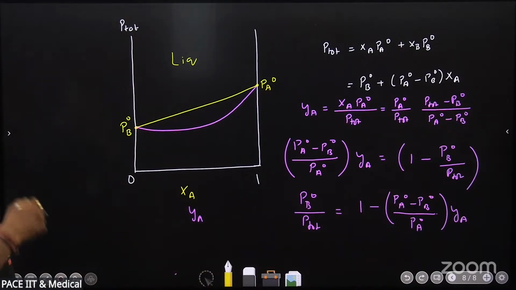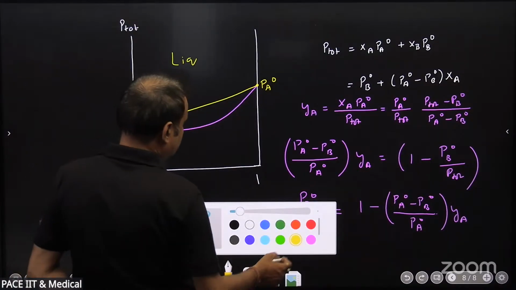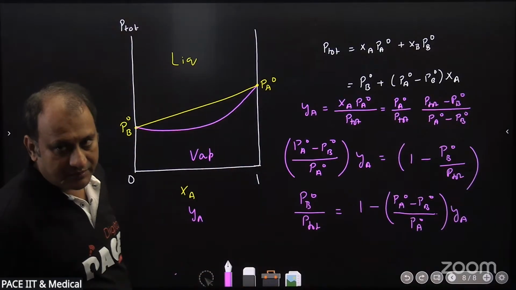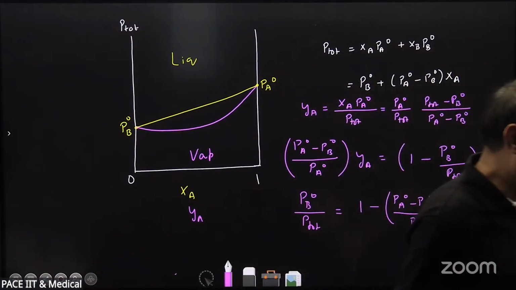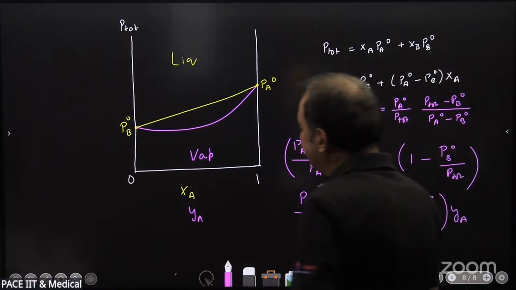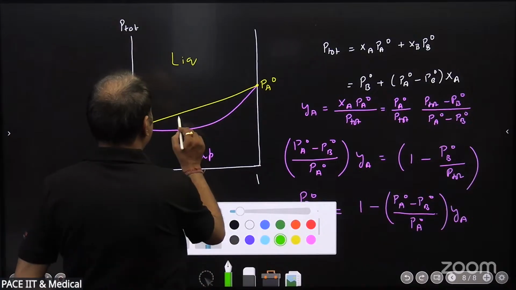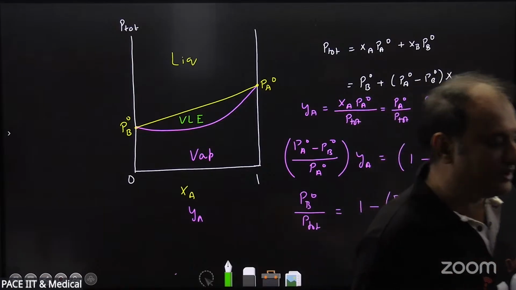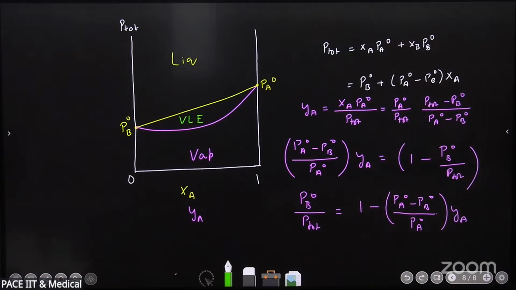Similarly, the region below the pink curve is the pure vapor region. It means if we mix A and B and keep conditions such that we are below the pink line, then we have pure vapors. And in the region between the yellow and pink lines, if we mix, we will get vapor-liquid equilibrium. Okay? It means liquid and vapors will coexist in equilibrium.